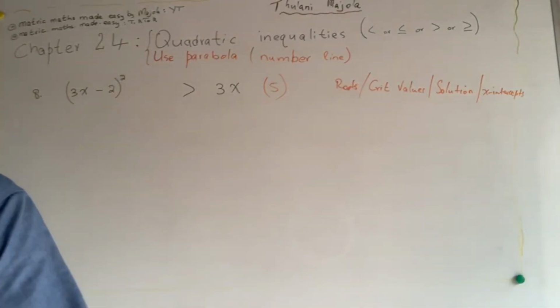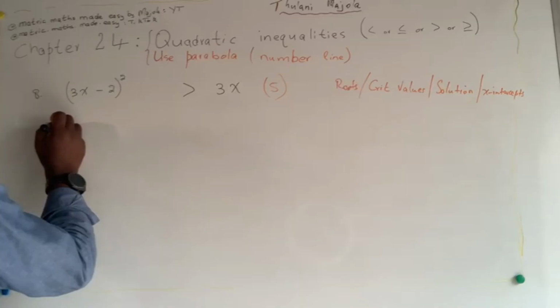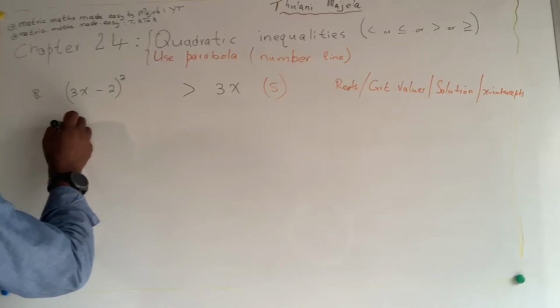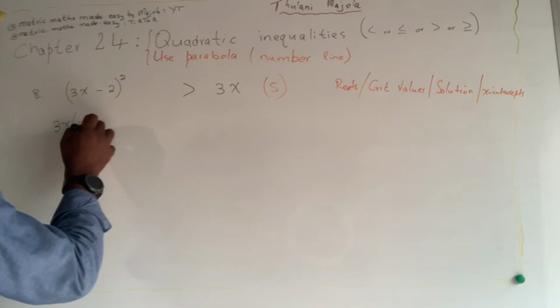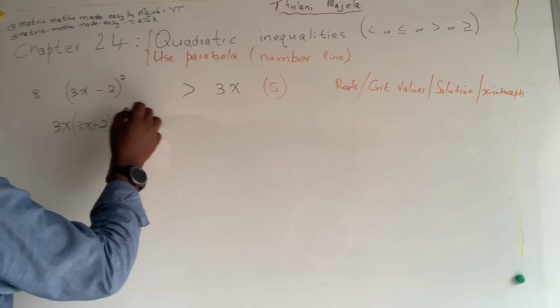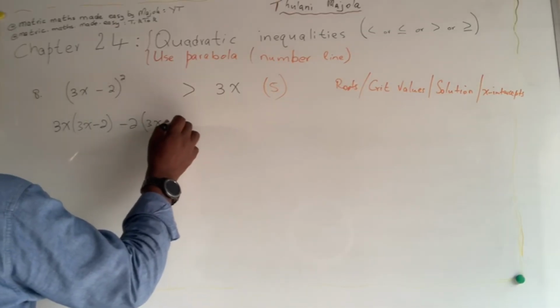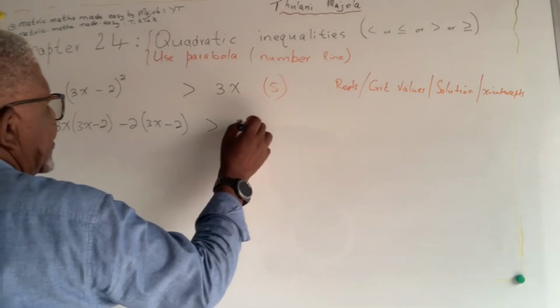So now what you do is you have to multiply through. I'll do it the easy way. I multiply 3x by 3x minus 2, and then I subtract 2 and multiply again by 3x minus 2, greater than 3x.